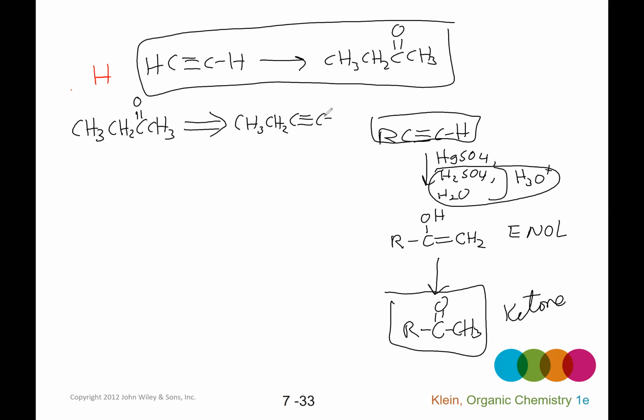You can take this terminal alkyne, react it with the sulfuric acid and water with the mercury catalyst, and that will give you that ketone. All right. So the target is that we have to build that, and now we know how to do that, right? I think now you can probably do it. I hope pretty easily.